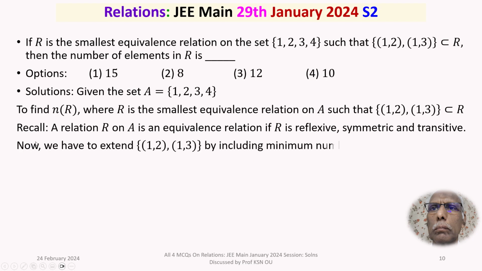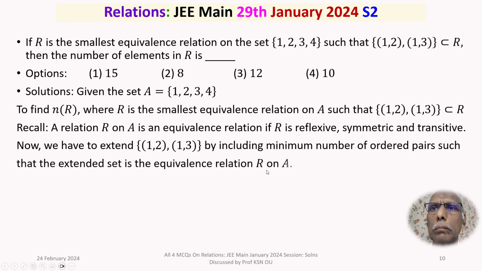Now we have to take the set of ordered pairs (1, 2), (1, 3) and extend this set by including the minimum number of ordered pairs such that the extended set is an equivalence relation R on A.